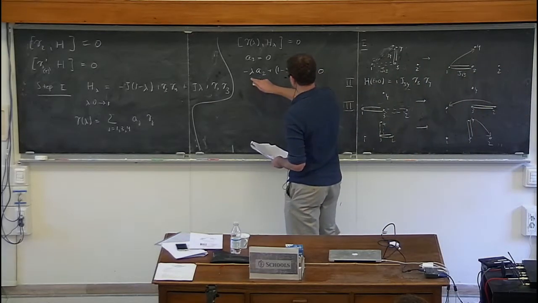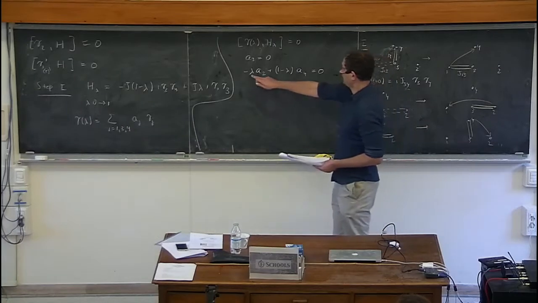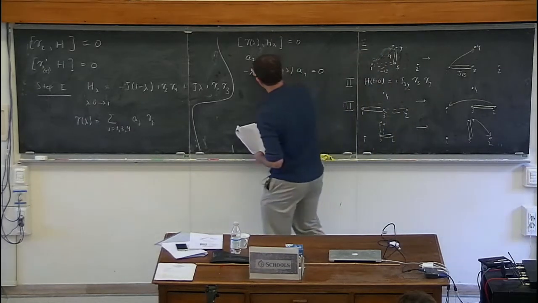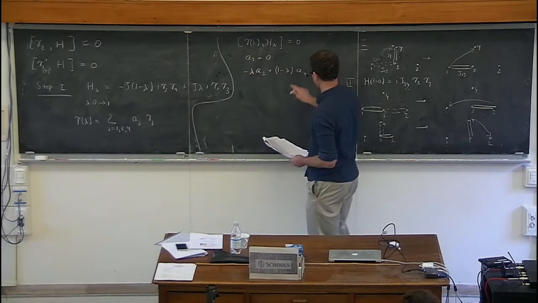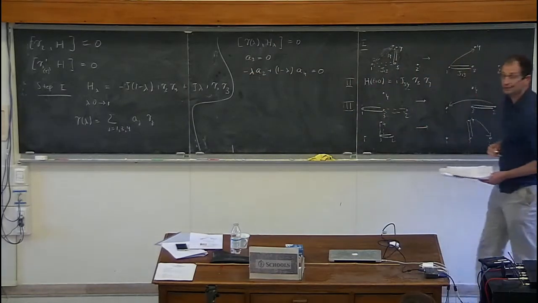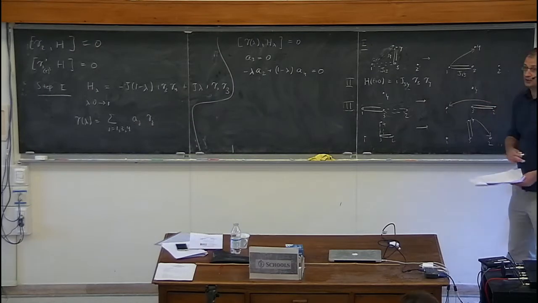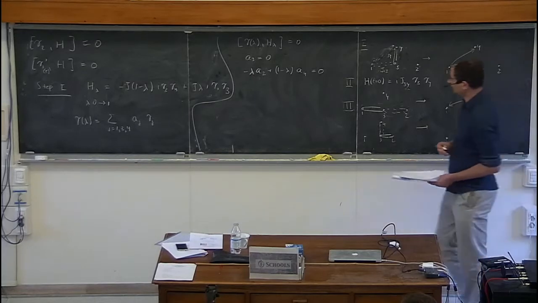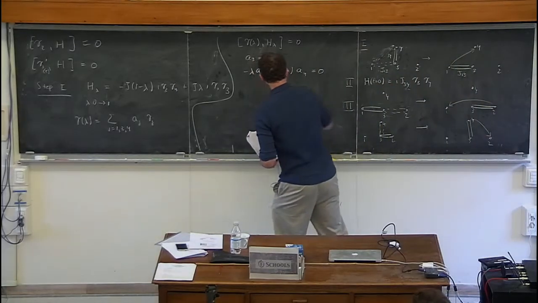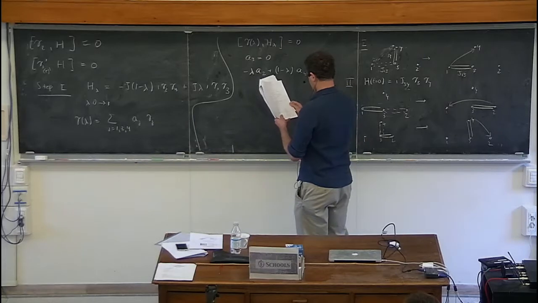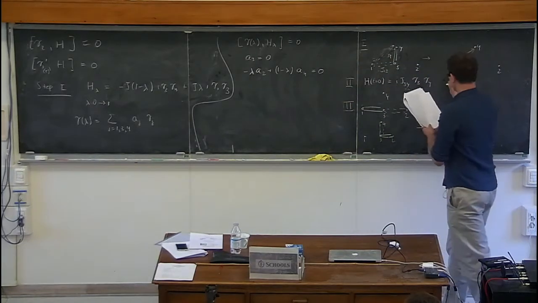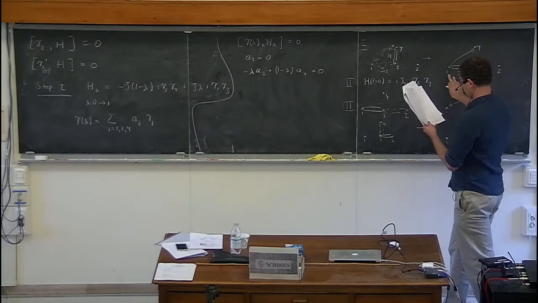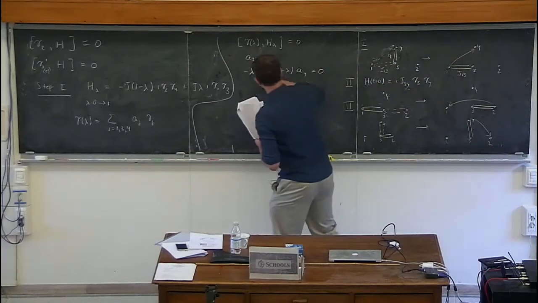So you see that when lambda is equal to 0, you just get that a4 is equal to 0. So that means that the zero mode has only a1, which is non-zero. Sorry, this is a1, a3, a4, step number 1.